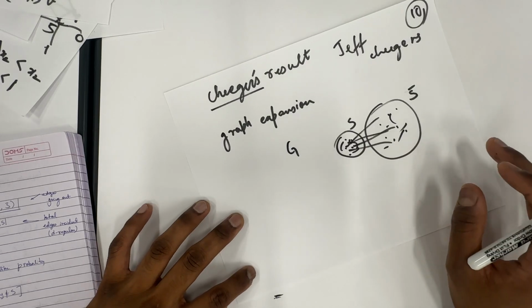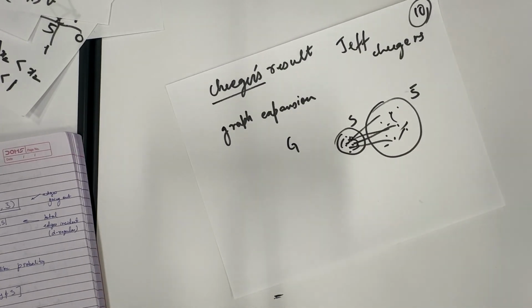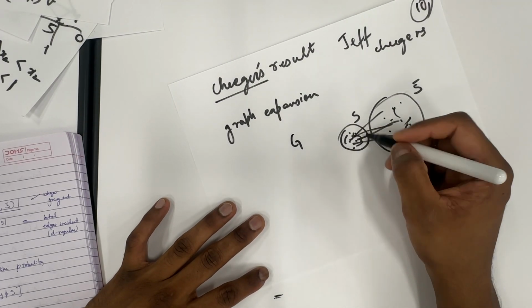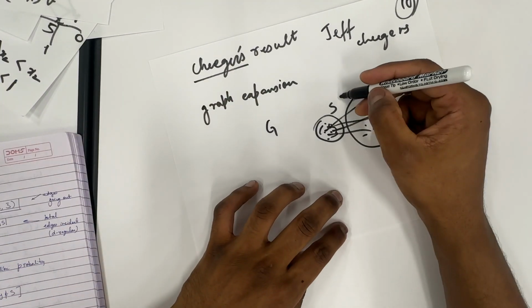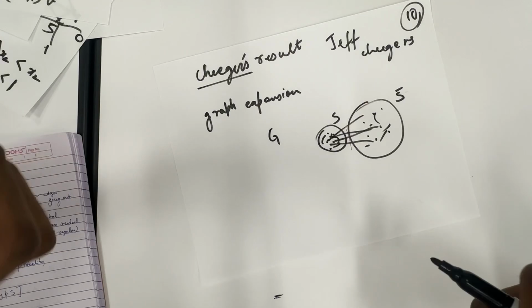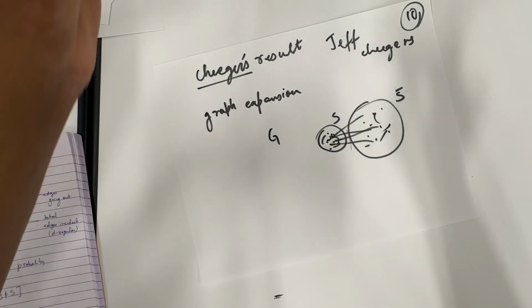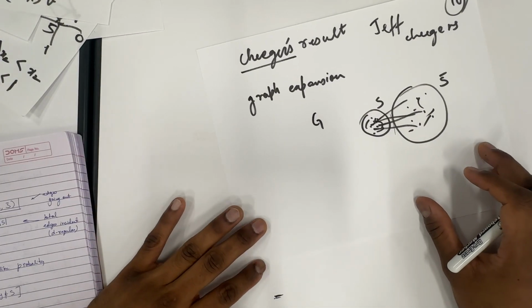What expansion means is, if I have this set S and I include the edges which run out of S, how much have I expanded my graph? Just taking that one step, how big is my graph now? That's the intuitive definition of expansion.